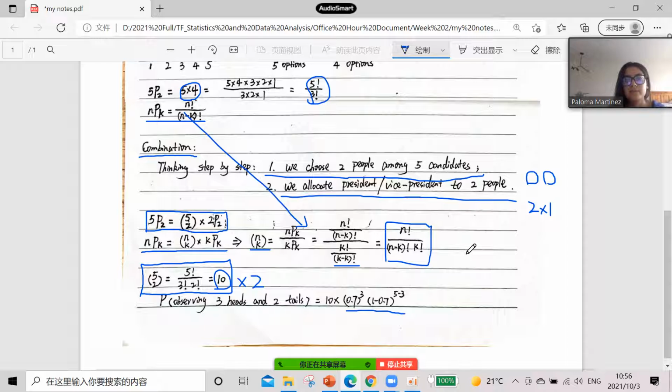Like n choose k. So in the general case, n choose k equals n choose n minus k.